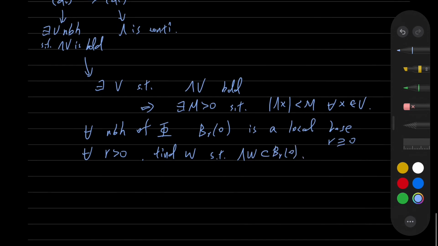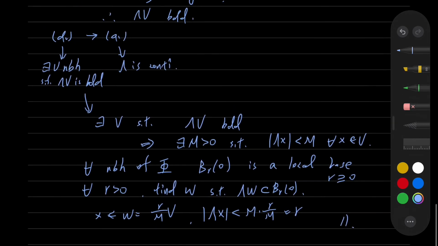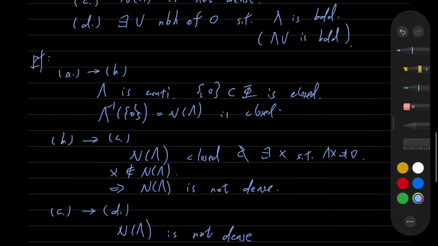And this is very easy. We just let W be R over M times the neighborhood V. So for every x inside this neighborhood, we have that the absolute value of lambda x is smaller than M times R over M, which is just R. So this is proven. This proves that all these conditions are equivalent.